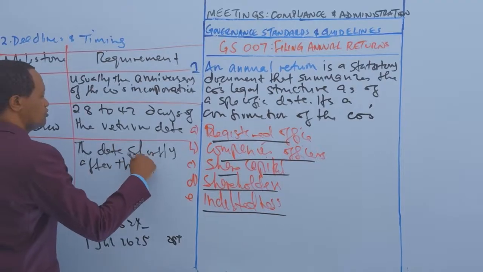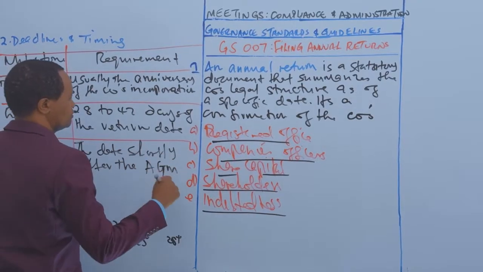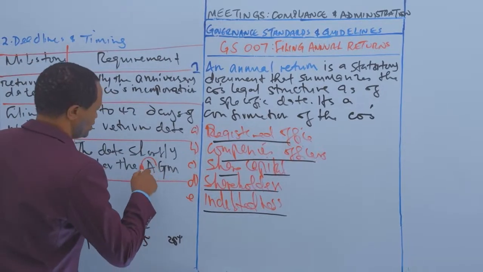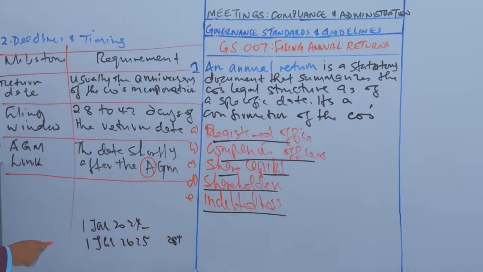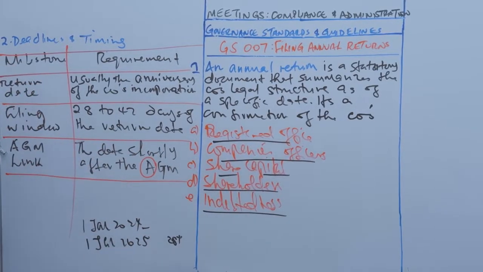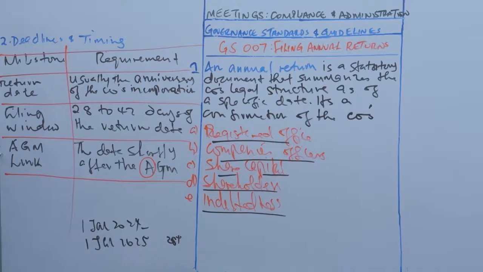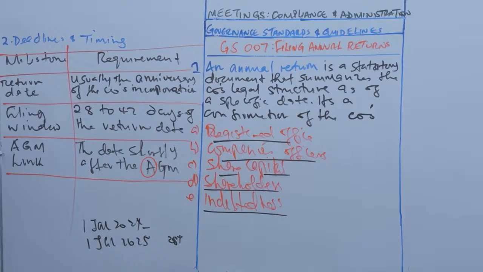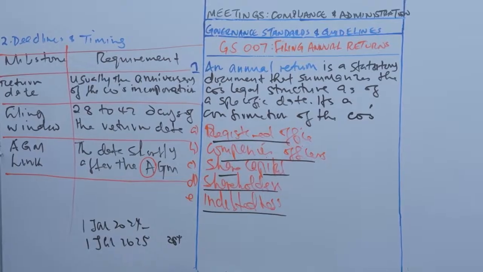General meetings are also held annually. That's why they are called AGM. This A stands for annual. So shortly after the AGM, these returns are supposed to be filed. Understand? Yes. So that is the deadline and timing of filing annual return.